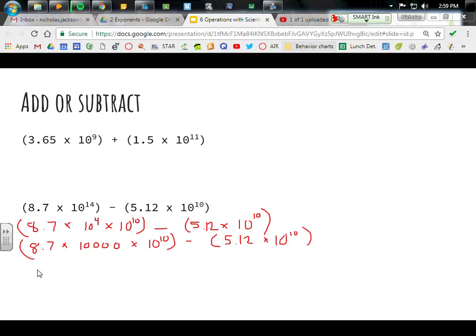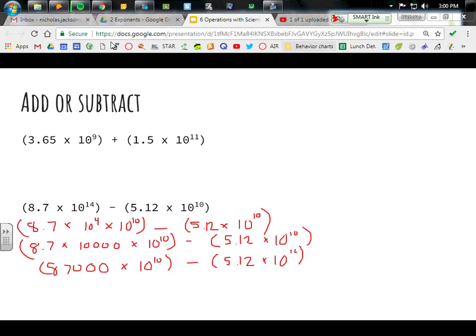Multiply this and we get 87,000 times 10 to the 10th minus 5.12 times 10 to the 10th.